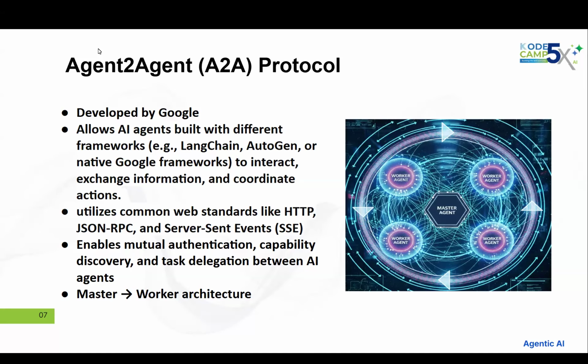Before MCP, you had to build a new integration for each custom tool you were adding, for each custom skill that you were adding to your AI agent. But with MCP, once there is an MCP server for that specific tool, you just need to make use of that server. You just connect to it and make use of its capabilities. MCP servers expose tools and data sources.